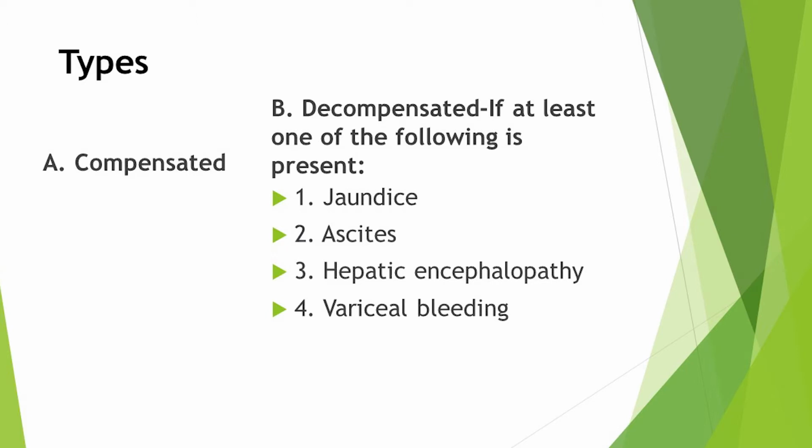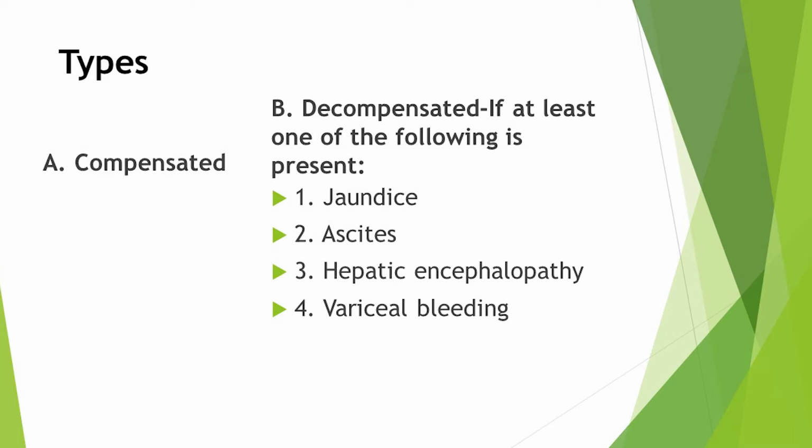So, what are the signs of decompensation? If the patient develops jaundice, if the patient has ascites, and if the patient develops hepatic encephalopathy, you can say the patient has decompensated cirrhosis.